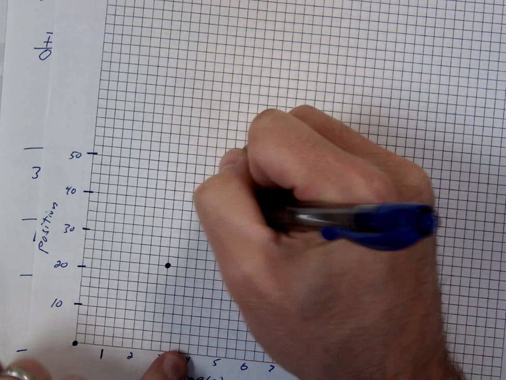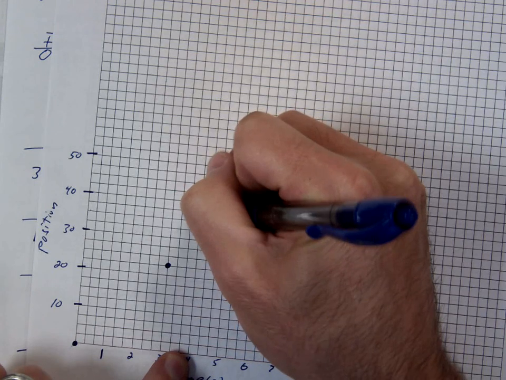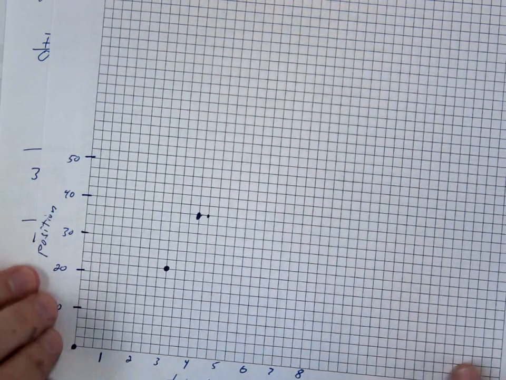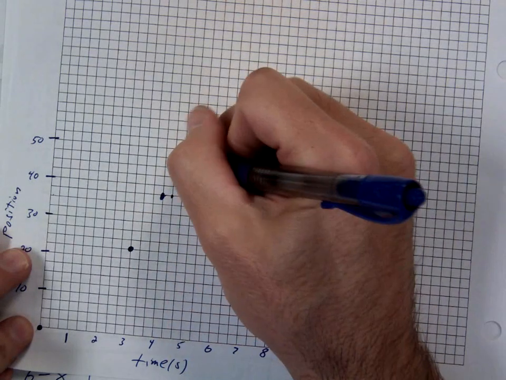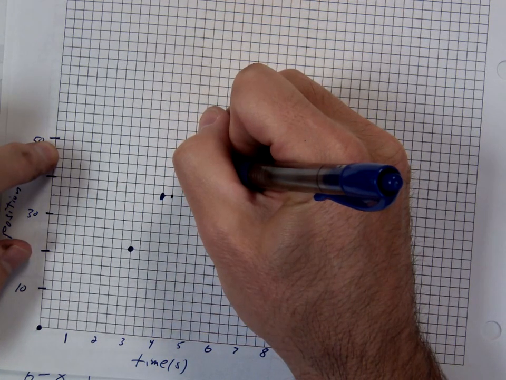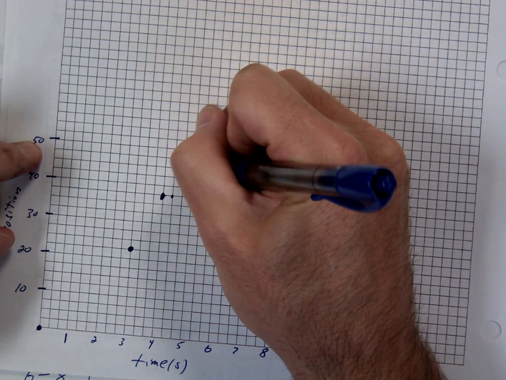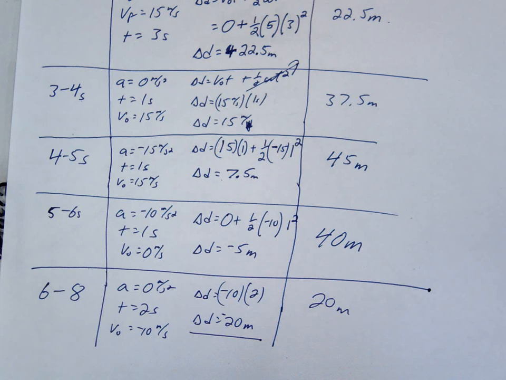Oops, I messed that up. 5 seconds, we were 45 meters away. 5 seconds, we're 45 away. Okay, 6 seconds, we're 40 away.